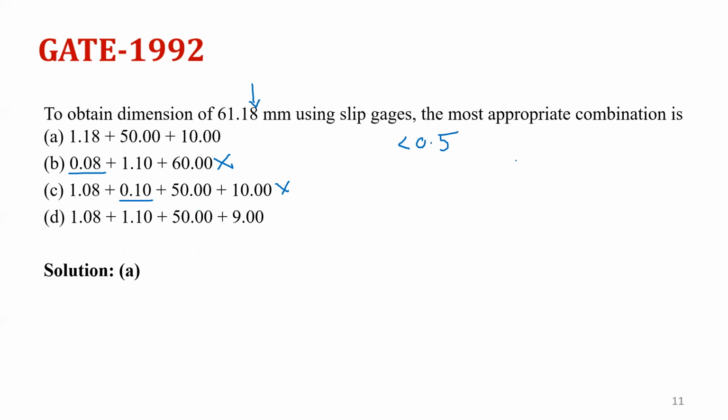We have to choose one slip gauge, 1.18, which is available. If not available, then you can use 1.08. So 1.18 slip gauge is available. So you will get the remaining dimension as 60. This 60 directly is not available, so we use 50 mm slip gauge and 10 mm slip gauge. So the correct option is A.